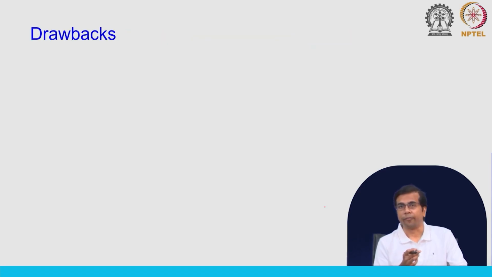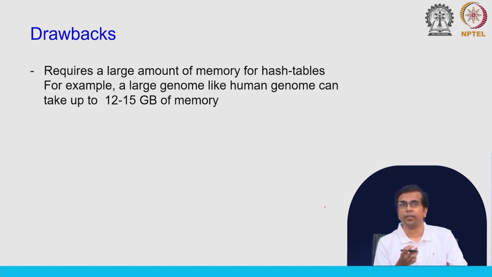What are the drawbacks then? We have seen this is very fast and we can handle reads with mismatches. As you can probably imagine, storing the hash table in memory will take a lot of space.